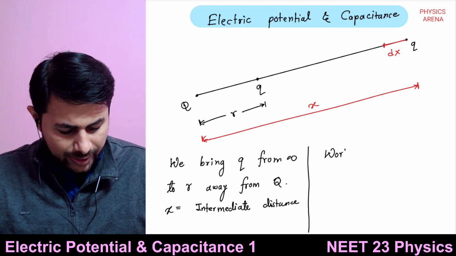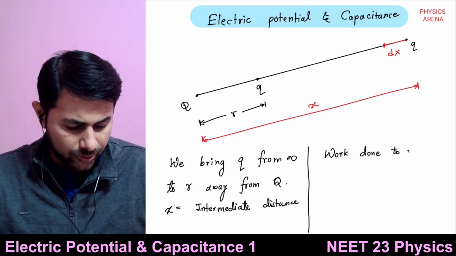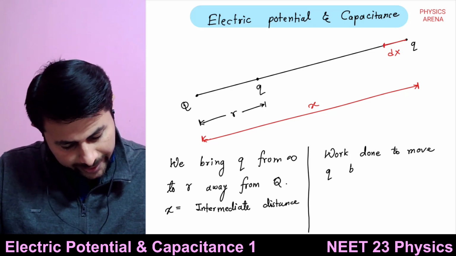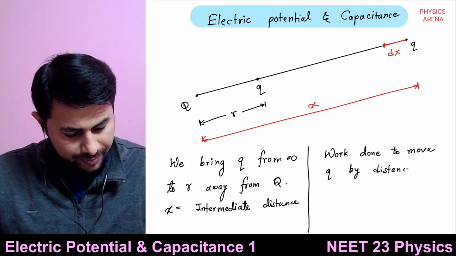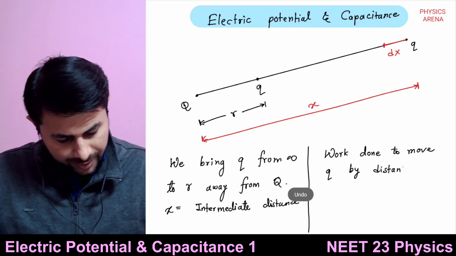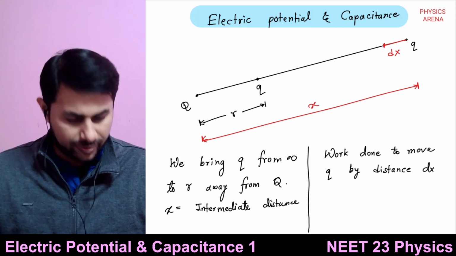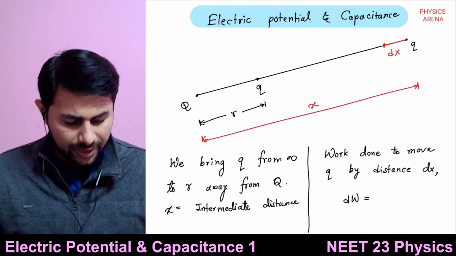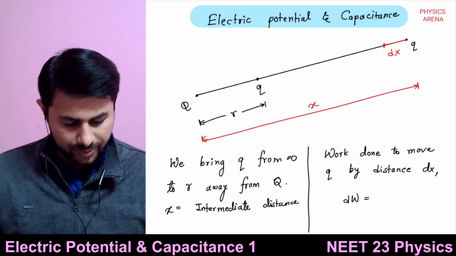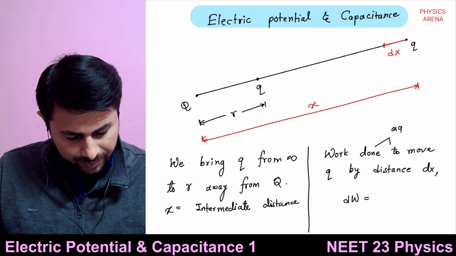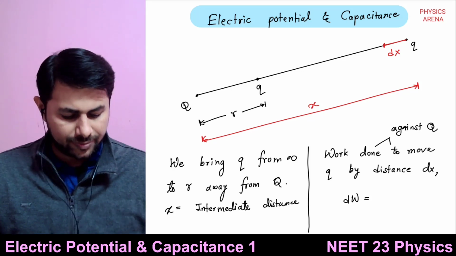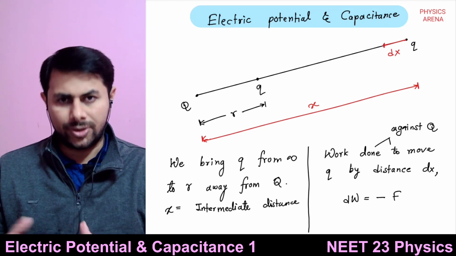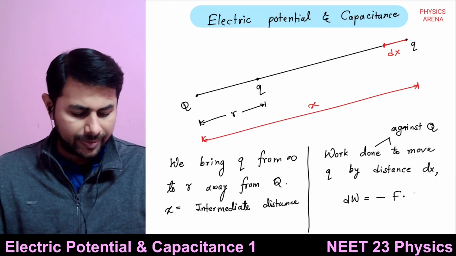The work done to move charge small q by distance dx closer, suppose that work done is dW, and we are doing that work against the force due to capital Q. So work done against capital Q will be equal to minus of the force due to capital Q on small q multiplied by this distance.